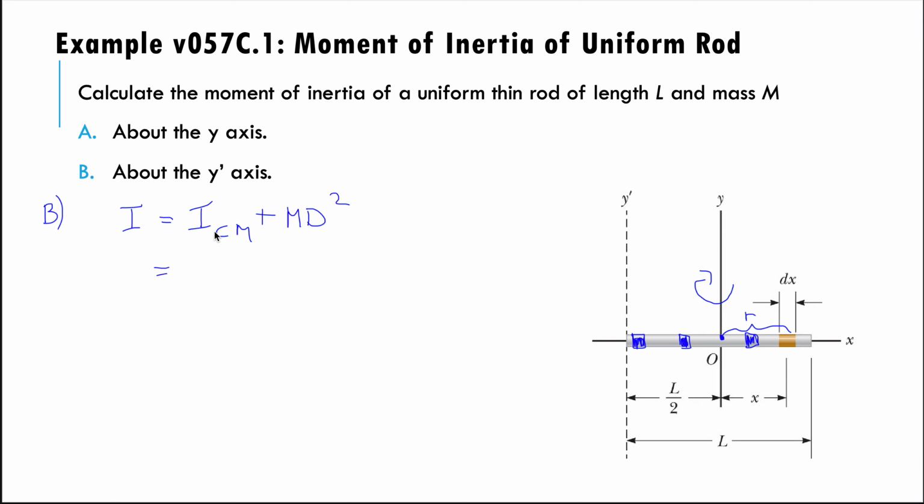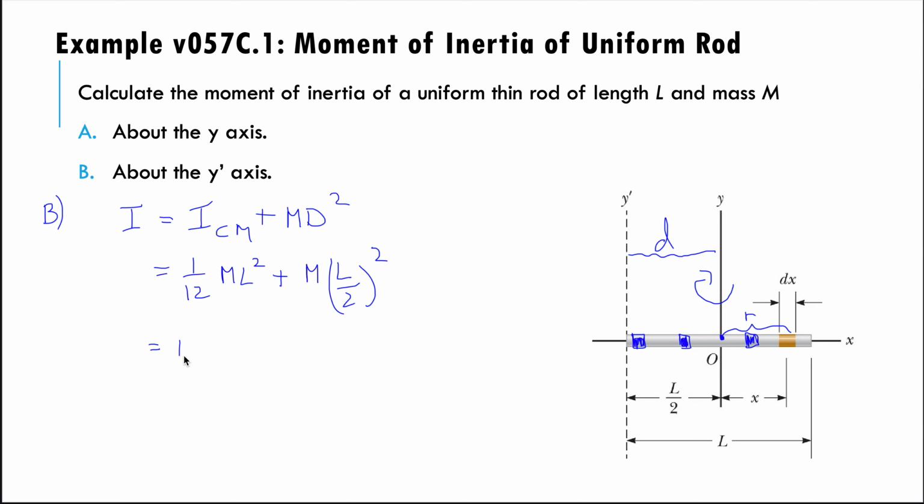We just found the moment of inertia through the center was 1/12 ML squared. Now we have to add Md squared. Remember, d is the perpendicular distance between the central axis and the new axis. So that d happens to be half the length of the rod, L over 2.